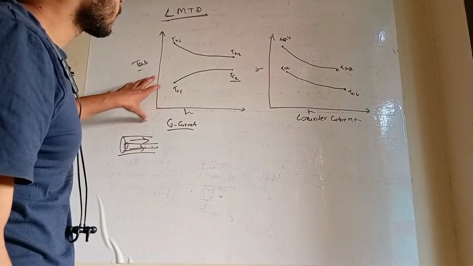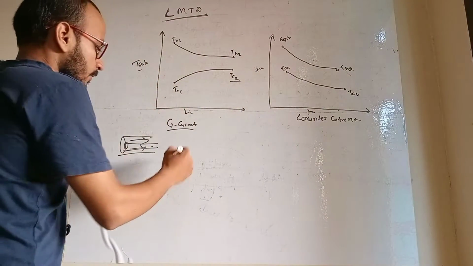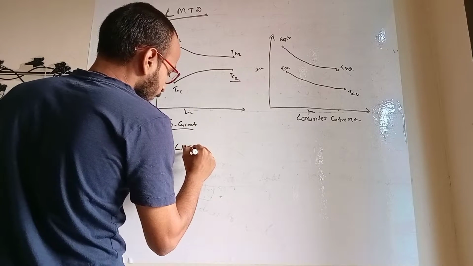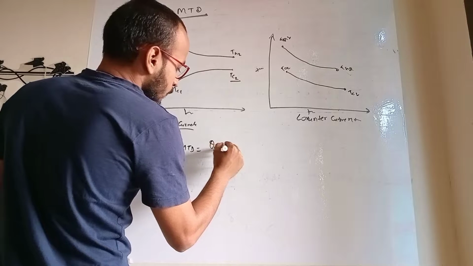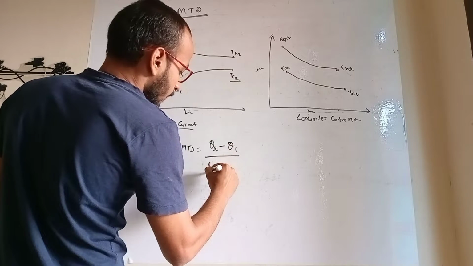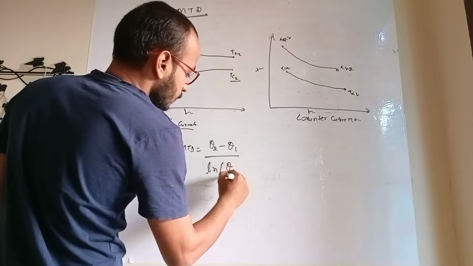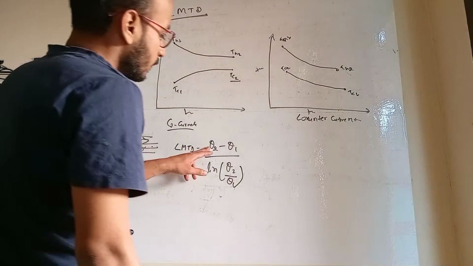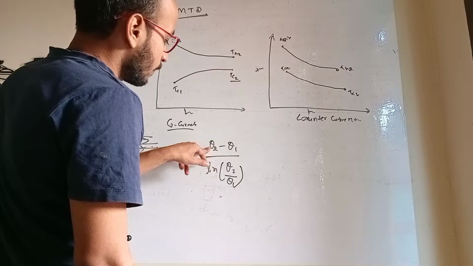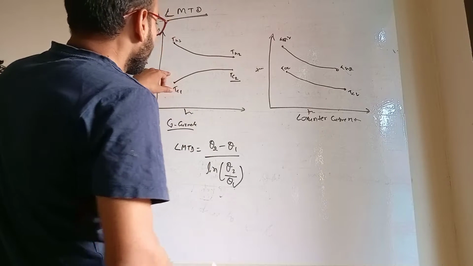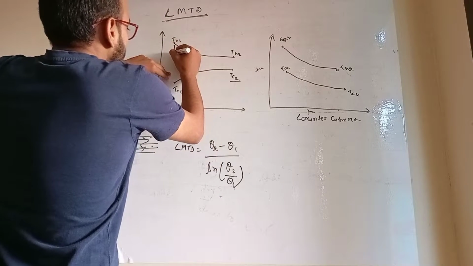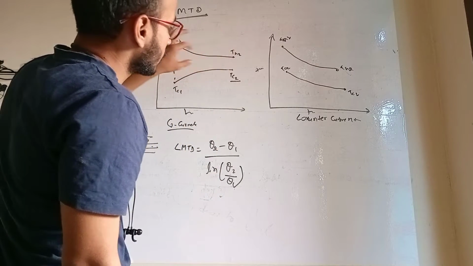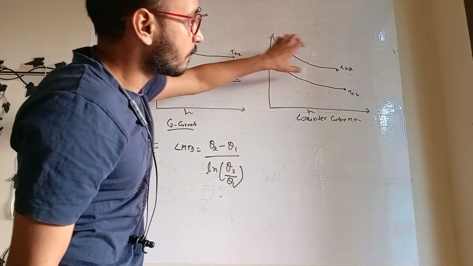So without going further on this, the formula for LMTD is theta 2 minus theta 1 divided by ln of theta 2 over theta 1. What is theta 2? Theta 2 is the temperature difference between these two points, and theta 1 is the difference between the other two points, and here also theta 1 and theta 2.